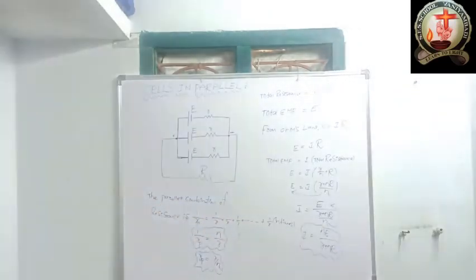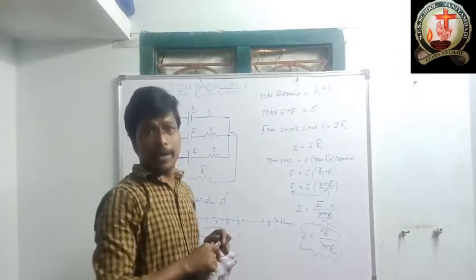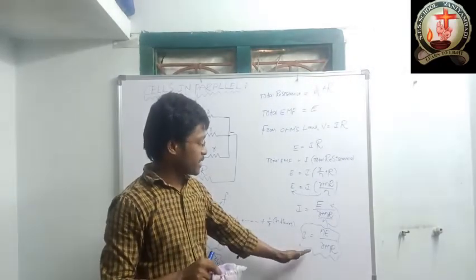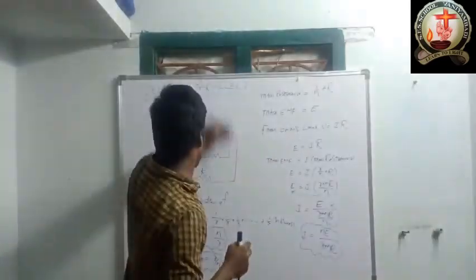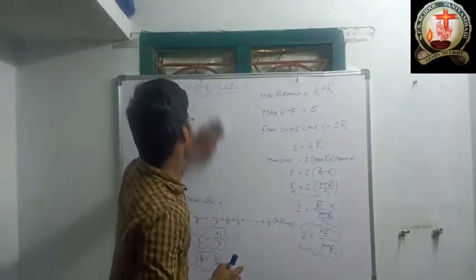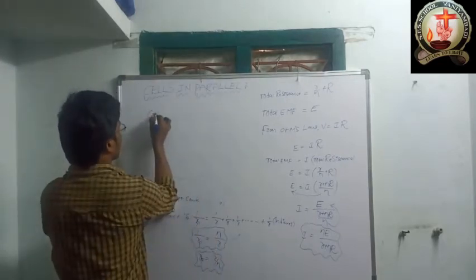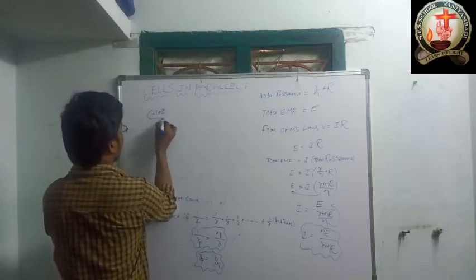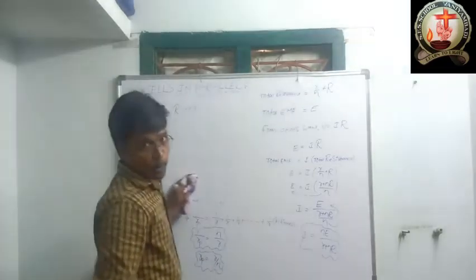Now, same as before, we should take 2 cases from this final expression. What are the 2 cases? We'll see now. Case 1: capital R is very much greater than small r.